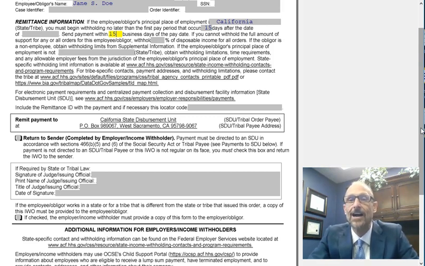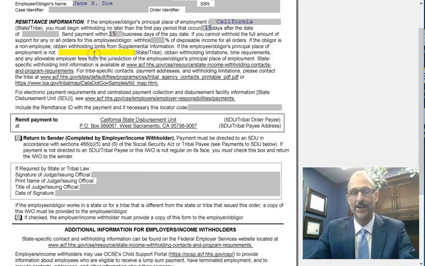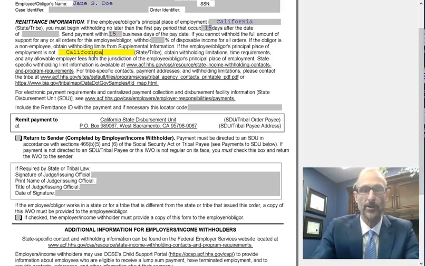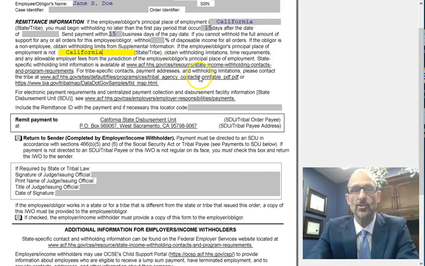If the obligor is non-employee, obtain withholding limits from supplemental information. If the employee-obligor's principal place of employment is not California, then it provides other information for the employer that you don't have to figure out. Okay, so that's it for that section.